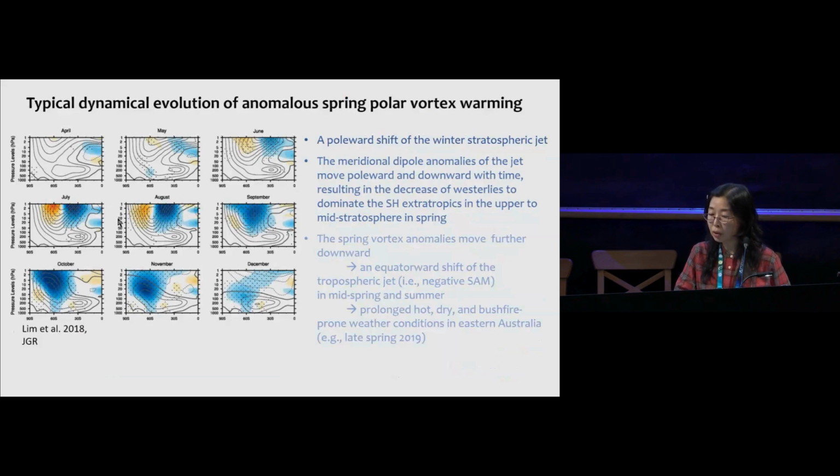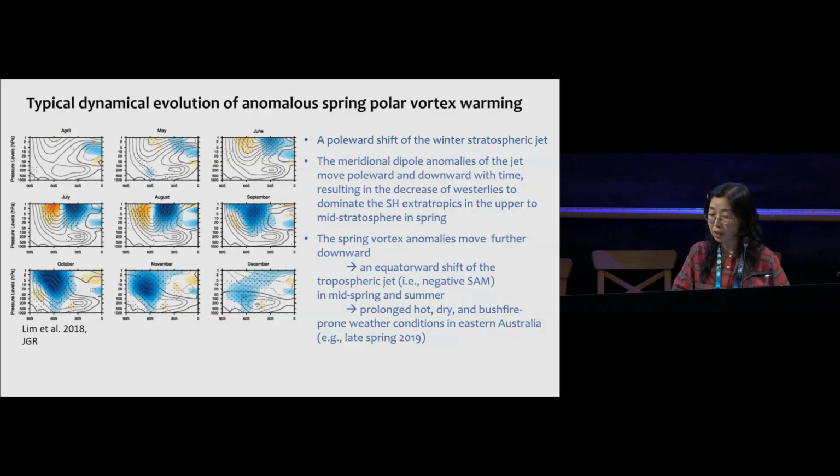These meridional dipole anomalies then move poleward and downward with time, resulting in the decrease of westerlies to dominate in the Southern Hemisphere extratropics in the upper to mid-stratosphere in springtime.